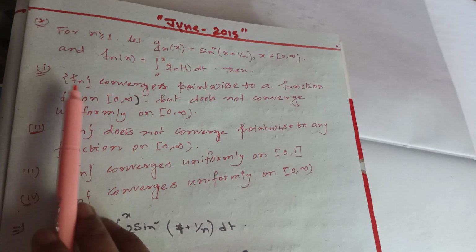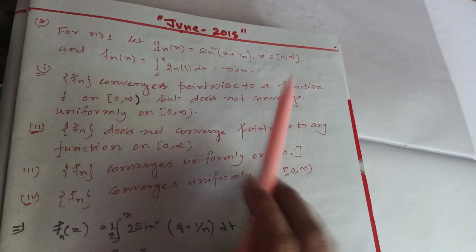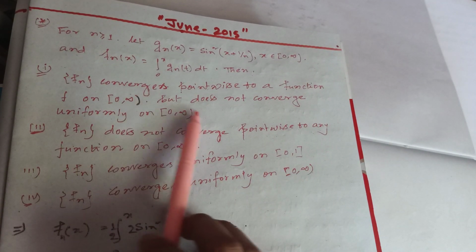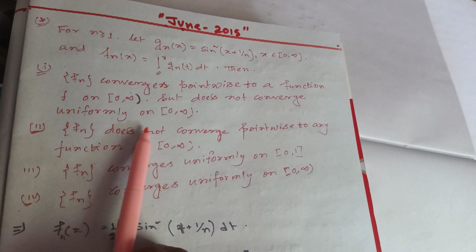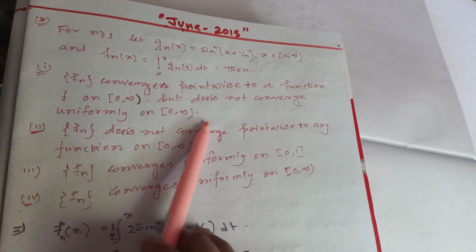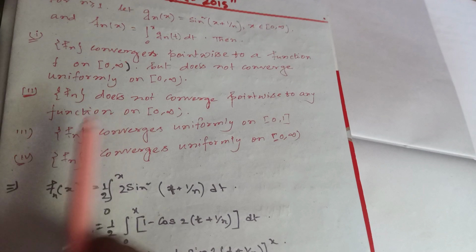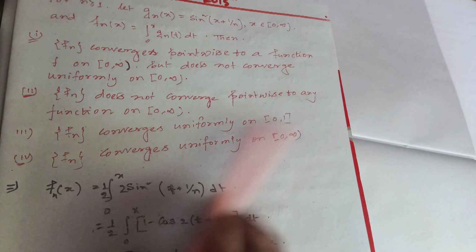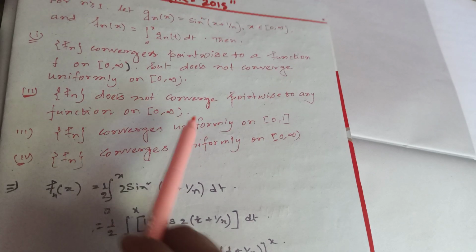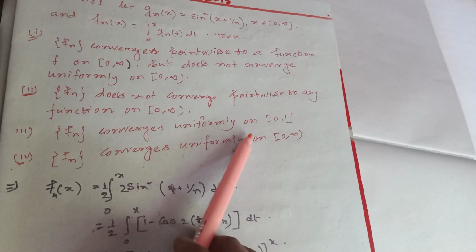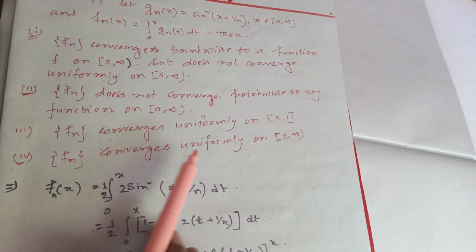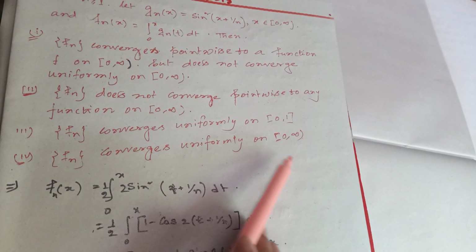Then the first option: f_n converges pointwise to a function f on closed 0 open infinity, but does not converge uniformly on it. Second option: f_n does not converge pointwise to any function on closed 0 open infinity. Third option: f_n converges uniformly on closed 0 1. And fourth option: f_n converges uniformly on closed 0 open infinity.